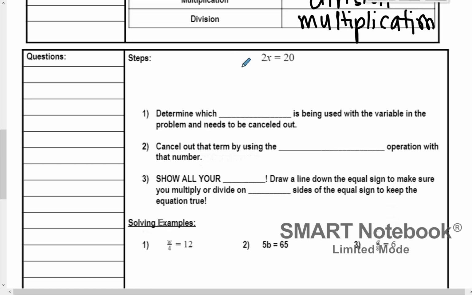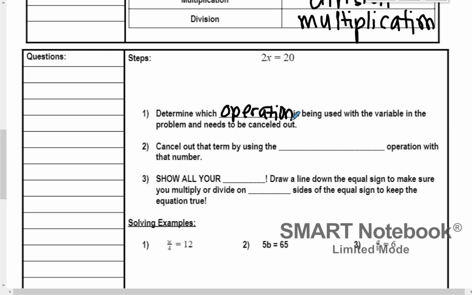So here we have 2x. And remember what we are doing with that 2 and that x. 2 times x equals 20. Our very first step to solve an equation with multiplication and division is to determine which operation is being used, which I kind of just did for you. 2 times x, so we're using multiplication.